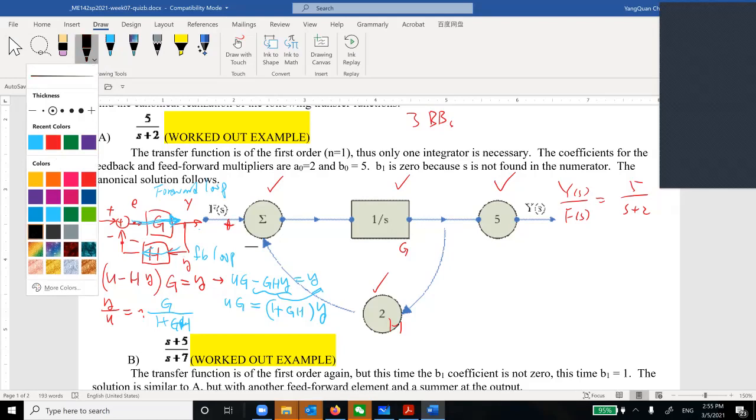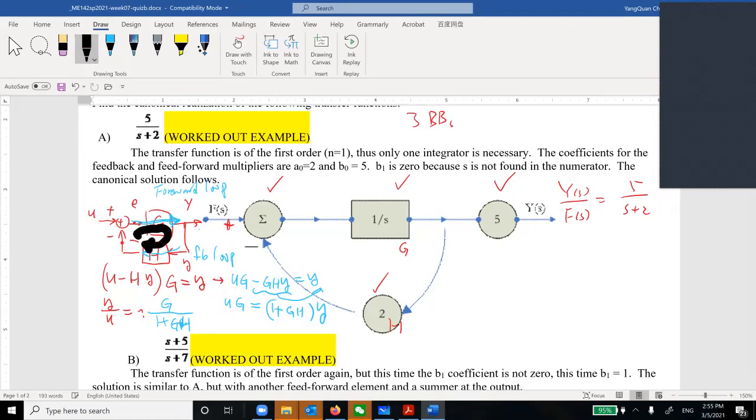But the overall loop in here is called GH. So you can see this is a forward loop. This is the overall loop, G times H.